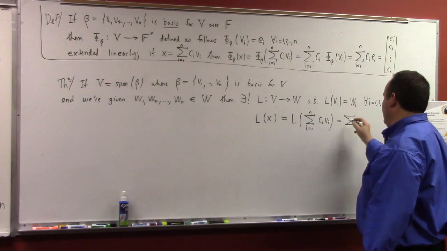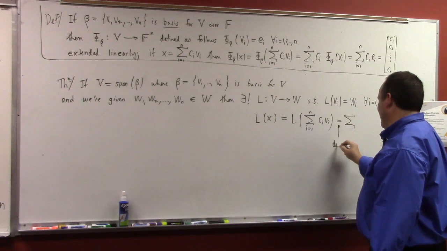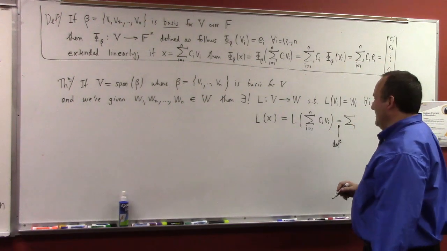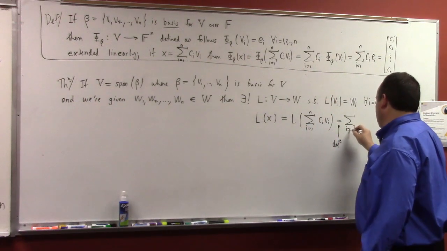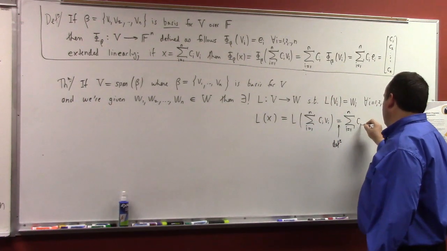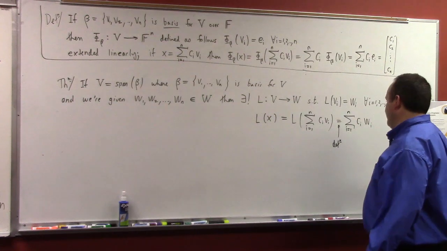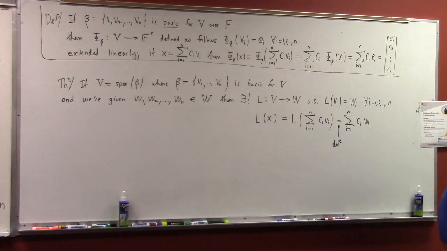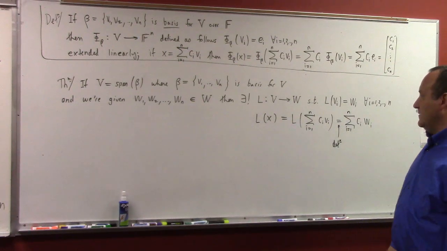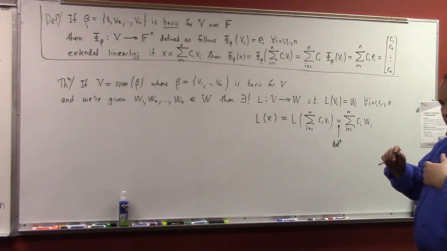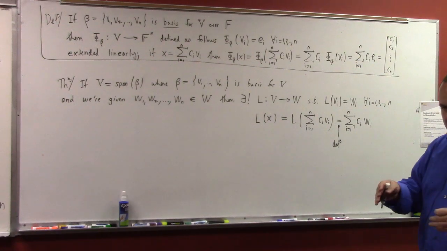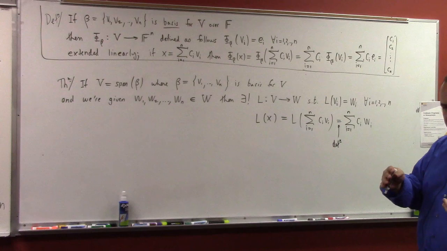And so this right here now is a definition. I'm saying you can define L by this rule: the sum, i equals 1 to n of c_i w_i. Definition. And why was that unique? Let's think about why that would be unique. This is why it needs to be a basis.